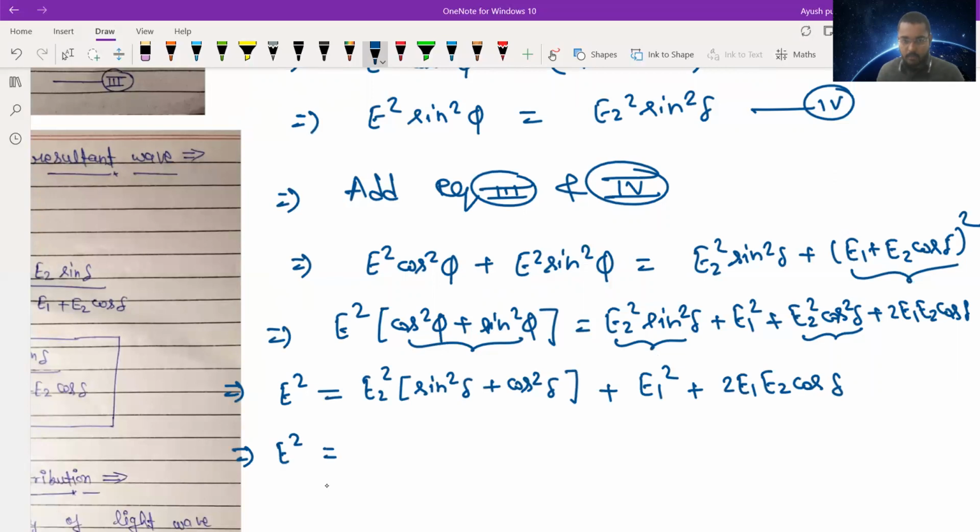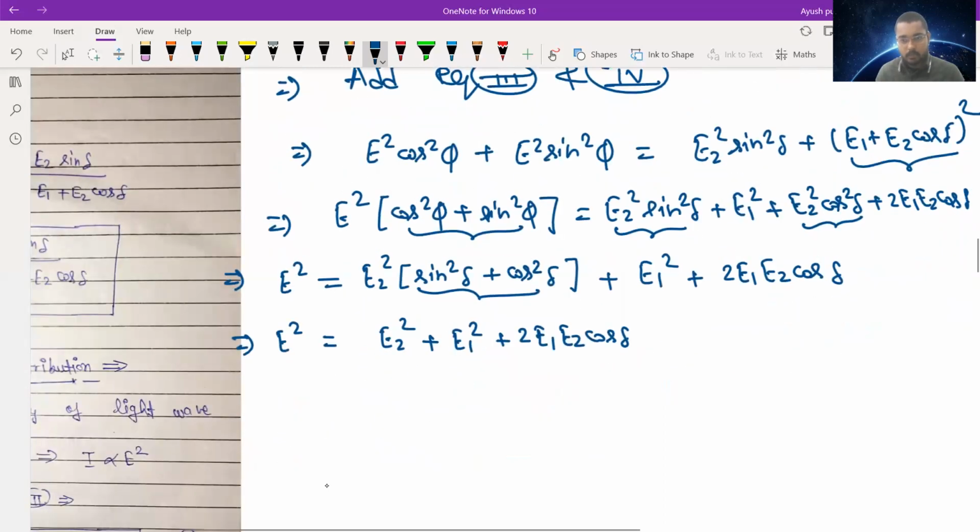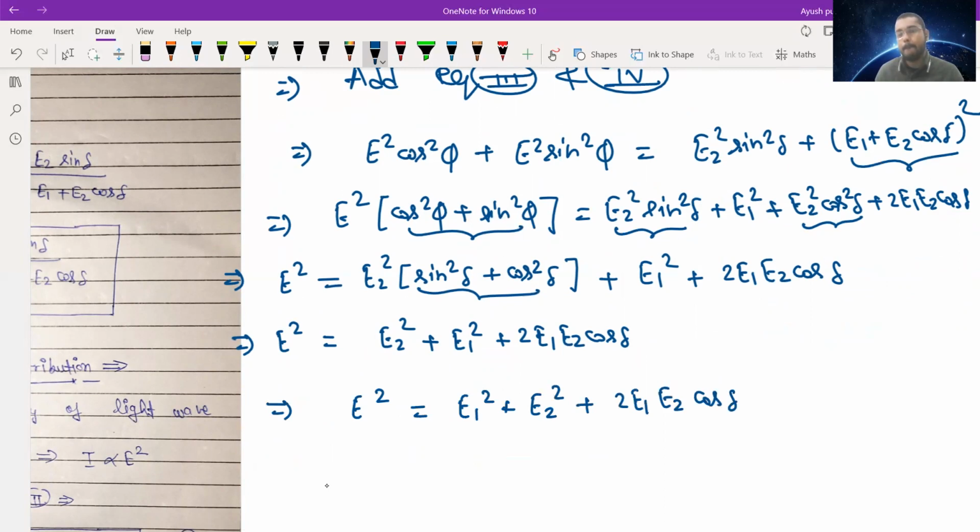So E square will be E2 square, and this again will become 1, sin square delta plus cos square delta, plus E1 square plus 2E1 E2 cos delta. So we can write it like this: E square is equal to E1 square plus E2 square plus 2E1 E2 cos delta, right?